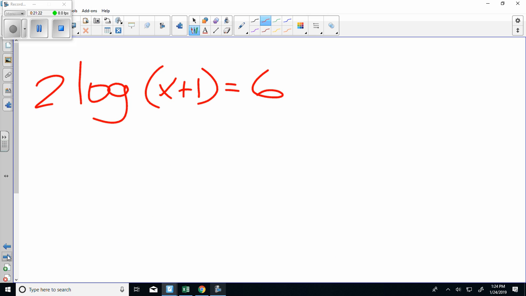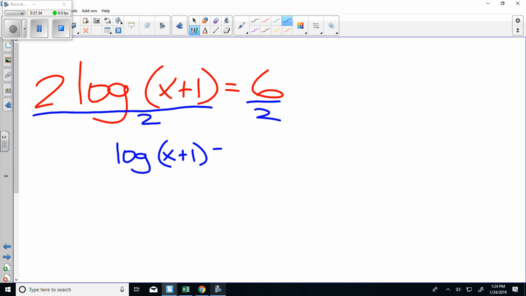All right, so in this one, 2 log x plus 1 equals 6. Hey, we can get rid of the 2 first by dividing by 2. So then we have log of x plus 1 equals 3. What's our base in this case? When you don't see a number there, it is 10. So 10 to the third equals x plus 1.